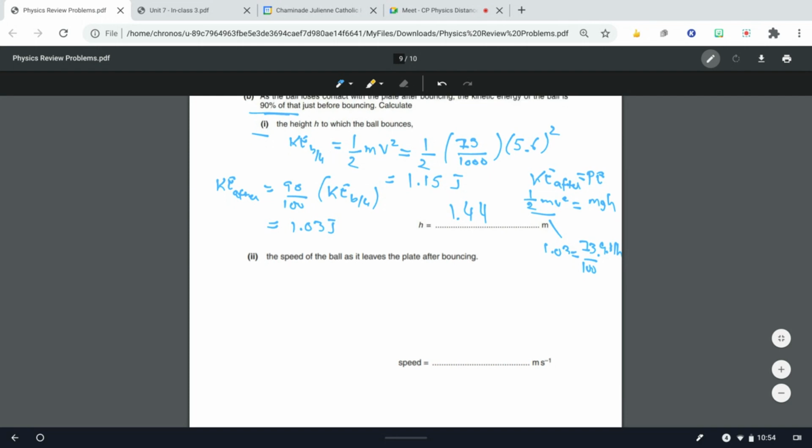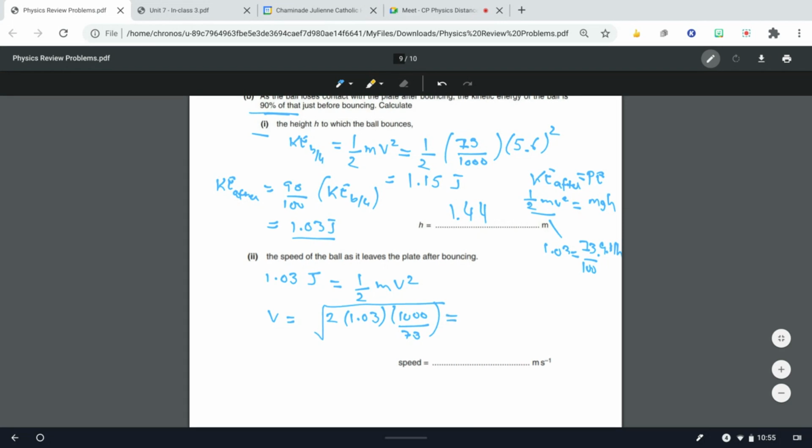And then the speed of the ball as it leaves the plate after bouncing. We know it left with this much kinetic energy. So kinetic energy was 1.03 joules, which is equal to half mv squared. So you can find the velocity, which is going to be 2 times 1.03 times 1000 by 73 under the radical.